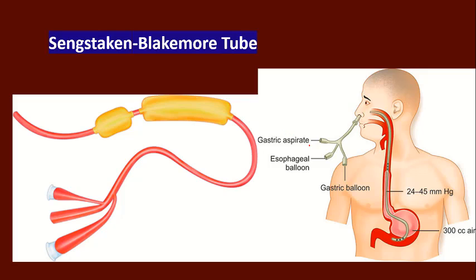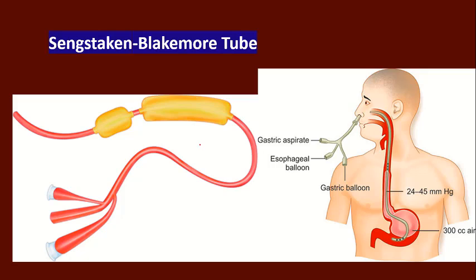It uses Sengstaken-Blakemore tubes or the Minnesota tube, and when bleeding does not stop with banding, sclerotherapy, or gluing, balloon tamponade should be tried.